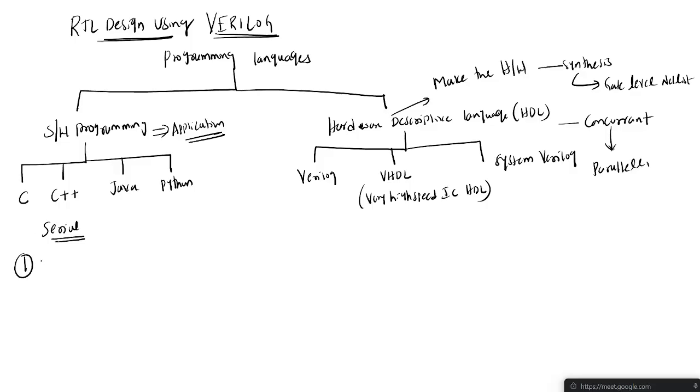Like you have VHDL, I told you, very high speed integrated circuit hardware descriptive language. You can ask what is the difference between VHDL and Verilog. VHDL is highly secure, came into the market around 1999, and is mainly used for defense.